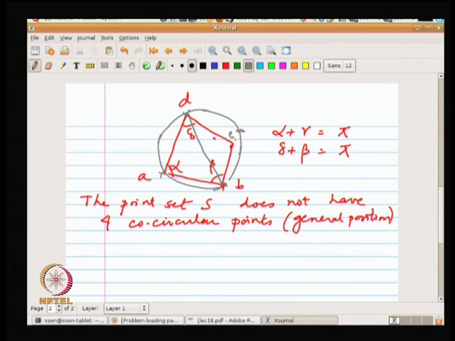And since we pulled the point inside, again by our knowledge of high school plane geometry, we now have alpha plus gamma strictly greater than pi, and delta plus beta strictly less than pi.